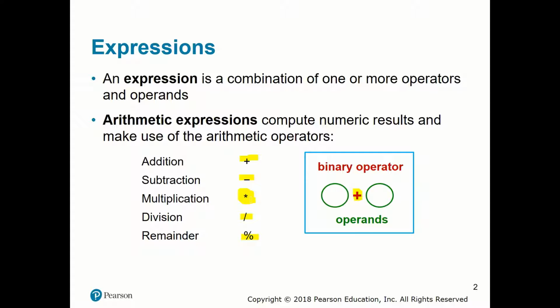And division is represented by slash. And percent is a remainder operator. In daily life, usually we don't use a percent operator, but it is very important in coding. I will explain division and remainder in detail.